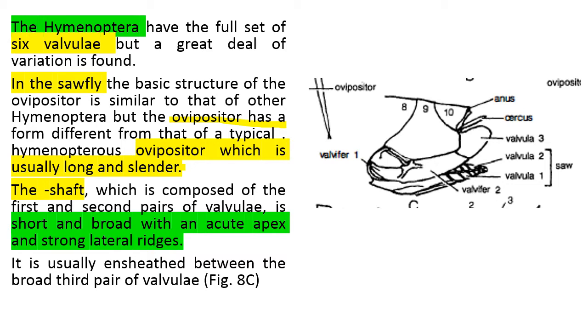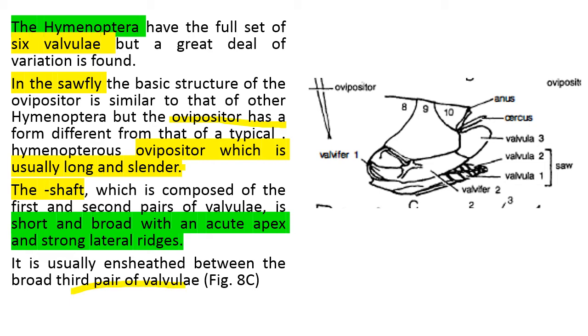The shaft here is composed of two pairs, first and second pairs of valvulae. Actually there are 6 valvulae, that is there are 3 pairs, but the shaft is composed of first and second pairs of valvulae. It is short and broad with an acute apex along with the lateral ridges. So it is actually ensheathed between the third pair of valvulae.